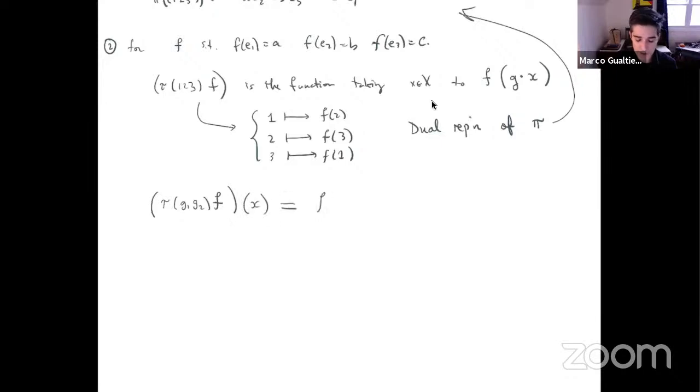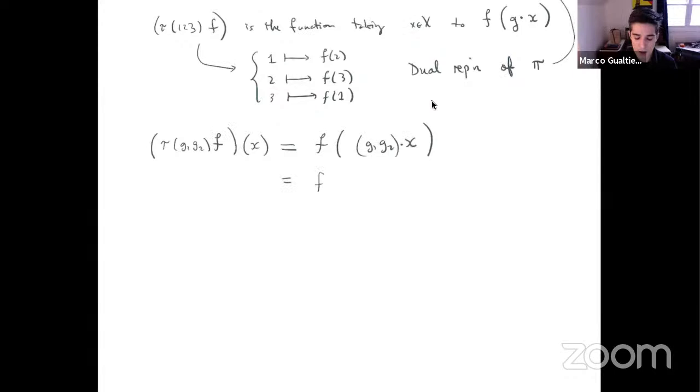This will be F of tau G1, G2 of X. Oh, I'm sorry, this is just the group acting on the set. And this will be F of G1, G2, X.